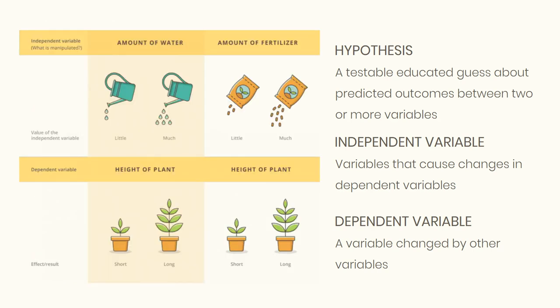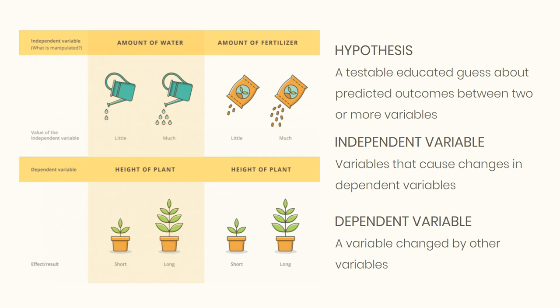So here I gave you an example, a visual image of what independent and dependent variables are. So independent variables, they occur independently of the dependent variables. In this case, amount of water or amount of fertilizer. Now the effect that we'll see of the amount of water and amount of fertilizer is on the height of the plant.